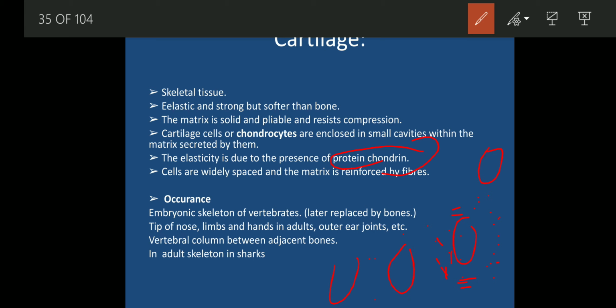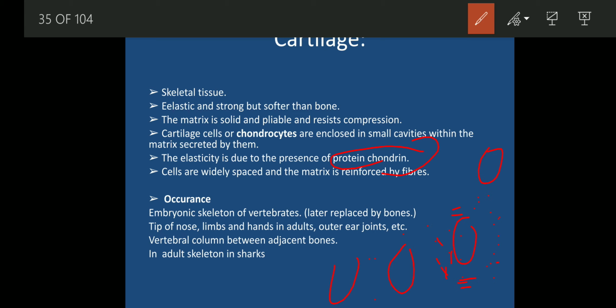These fibers are responsible for its elasticity. Where are they found? They are mainly found in the embryonic skeleton of vertebrates, which is made up of cartilage and later replaced by bones. It is also found in the tip of the nose, limbs, and in adults, in the vertebral column between the adjacent bones.